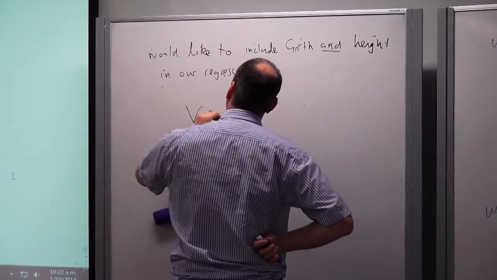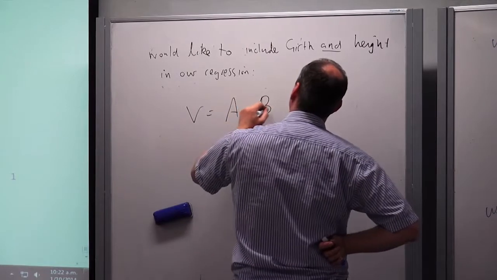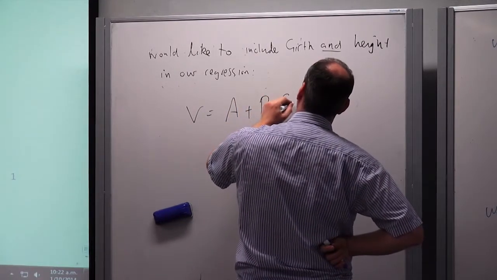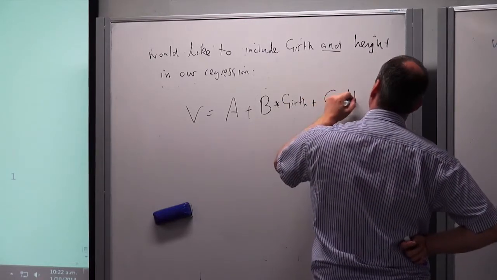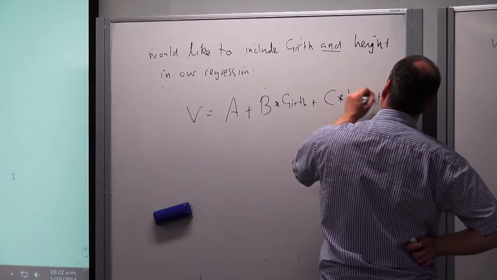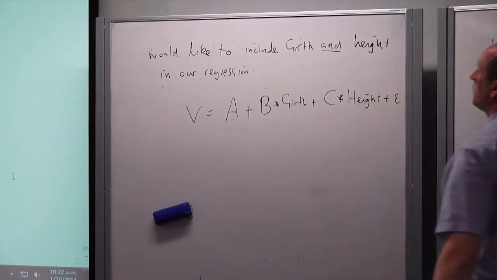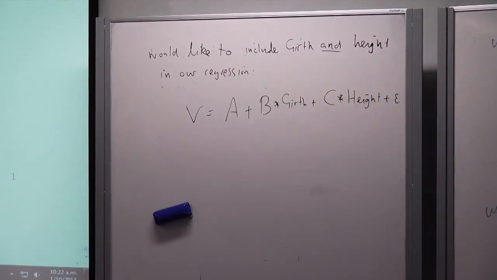So volume equals a constant plus another constant times girth plus another constant times height plus an error. That's what we'd like to do.